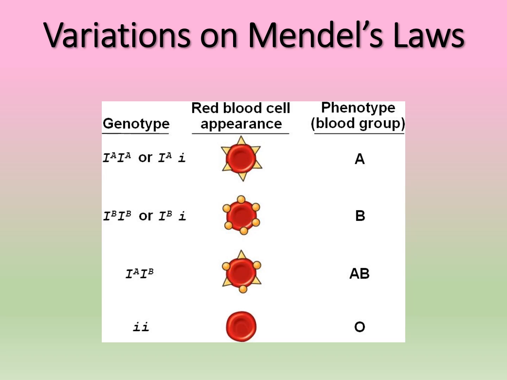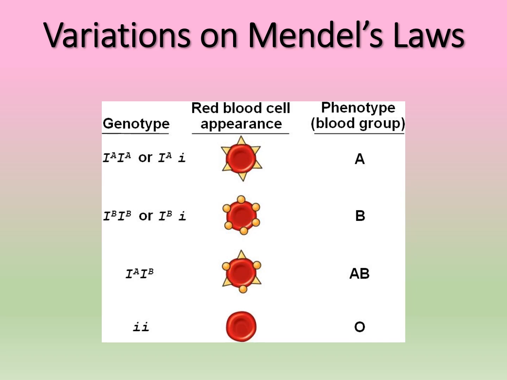In both the A and the B case, you have 2 potential genotypes that would give you the same phenotype, right? Which is an A or a B type blood group.